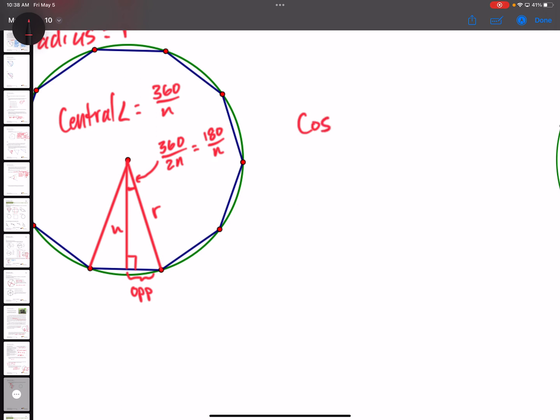So what is our angle right now? 180 over n was equal to the adjacent side over r. And then to get h by itself, we multiplied both sides by r. So the height was equal to r times cosine of 180 over n.